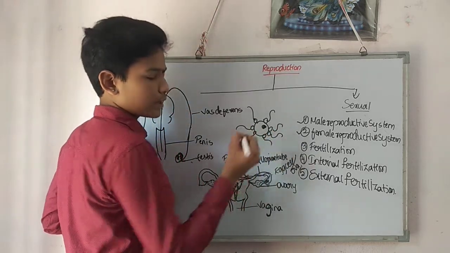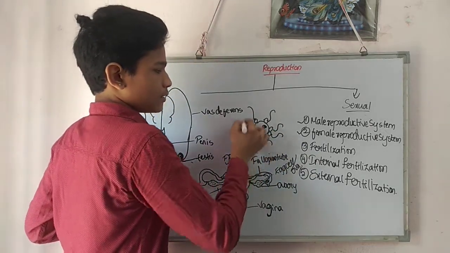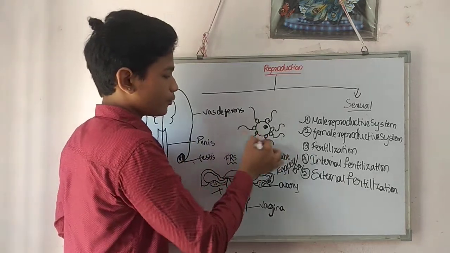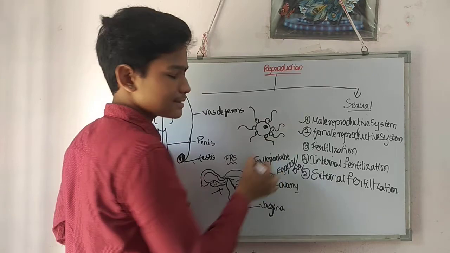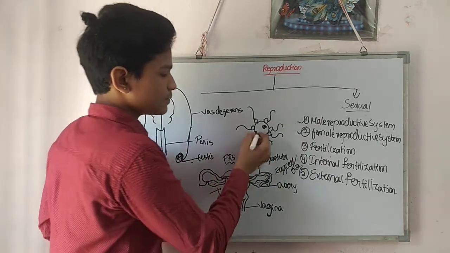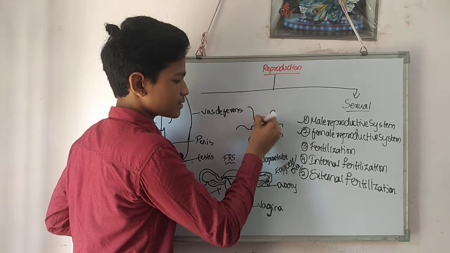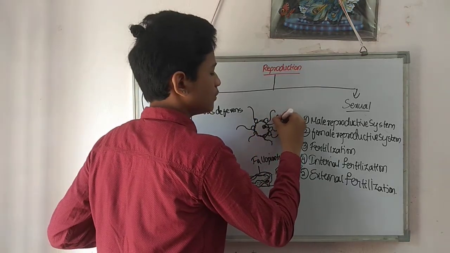This is the ova or the egg cell. This is the sperms. The outer layer of the ova is called corona radiata.